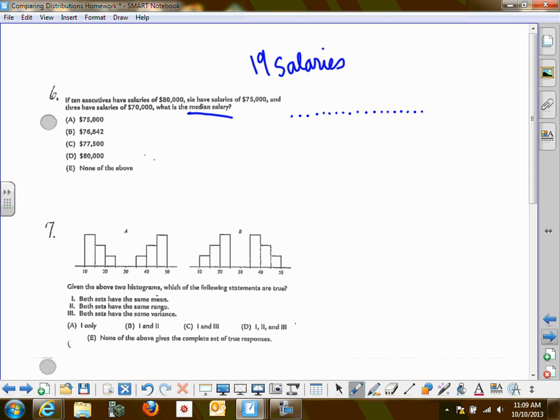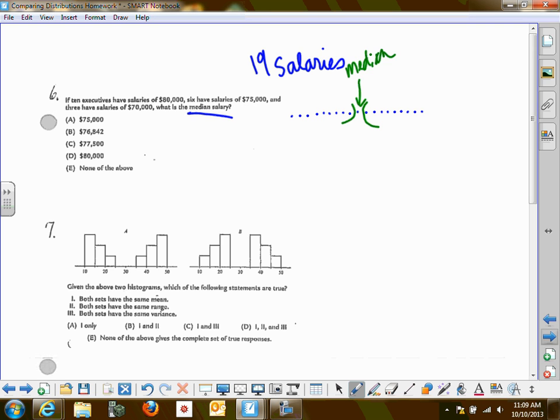There's 19 items. You're going to knock off the top and the bottom. Basically, you need to cut it in half. So what's the closest half to that? 9 plus 9. So 9 on that side, 9 on this side, leaves the 10th item as the actual median.